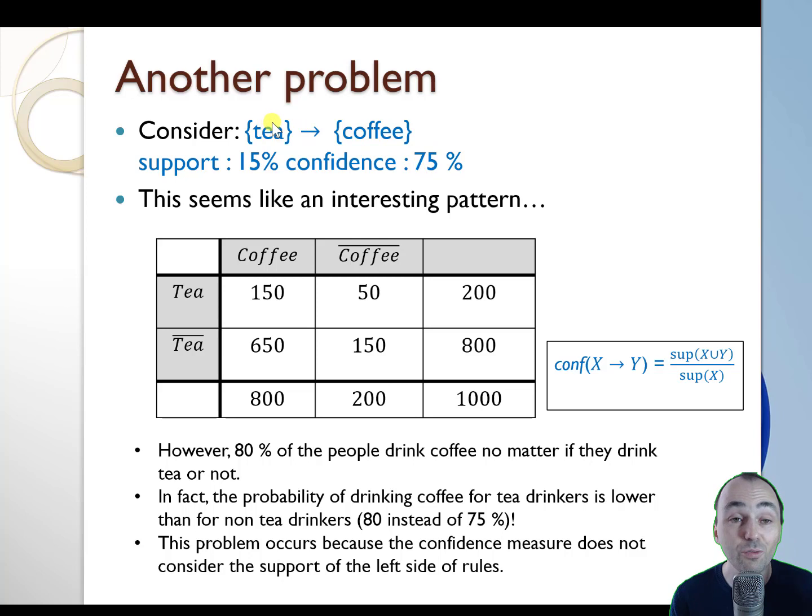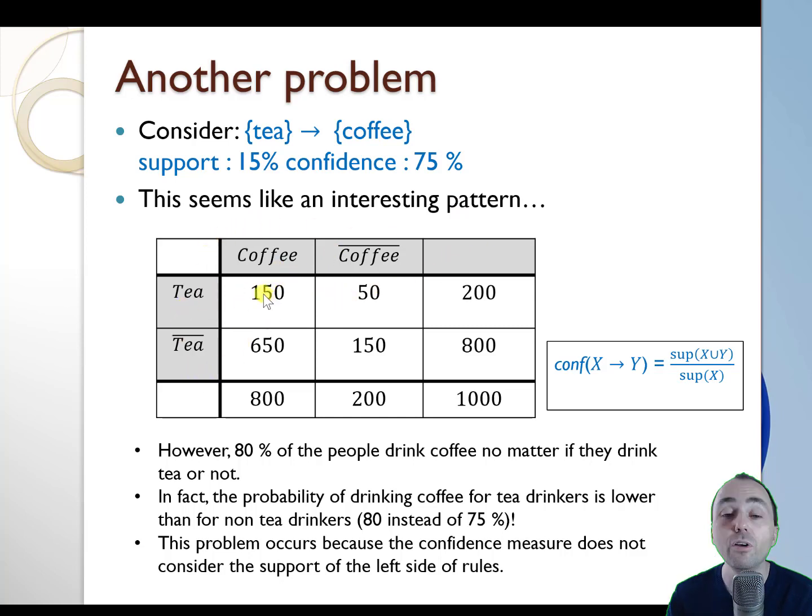If you drink the tea, 75% of the people who drink tea will also drink the coffee. So maybe we should try to sell the coffee to the people who drink the tea, right? But actually this will be a huge mistake. Let me explain to you why. Let's look at the table here.